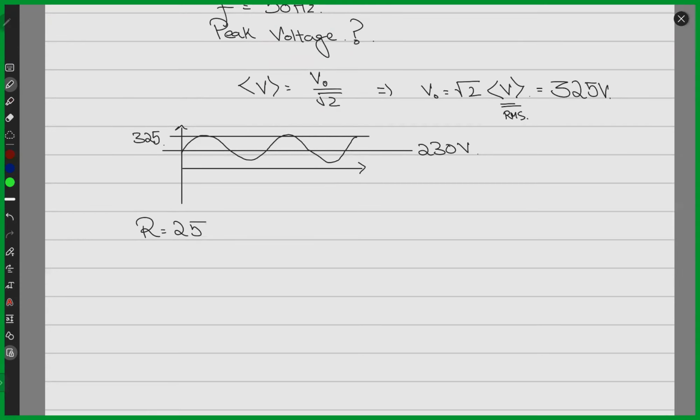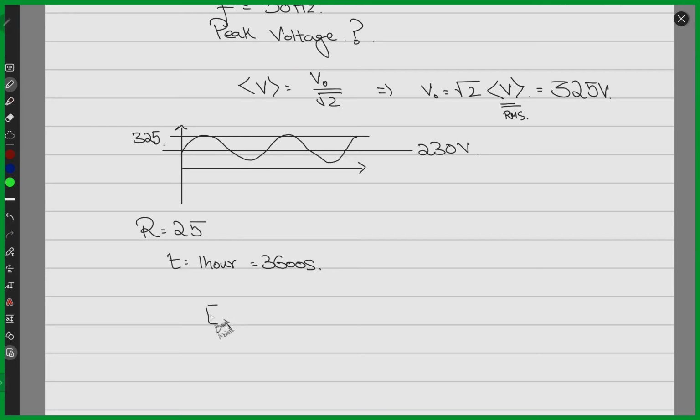If I run some AC current through this resistor for t equals 1 hour or 3600 seconds, how much energy will be lost in this resistor? So how can we compute that?